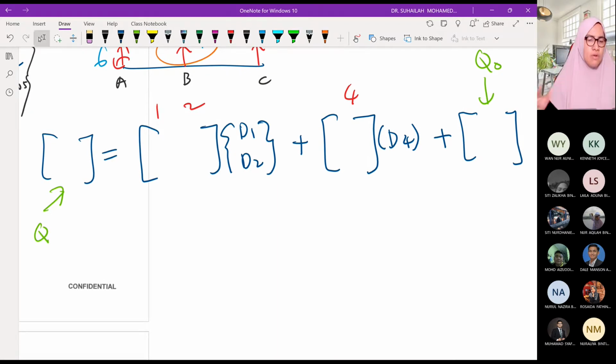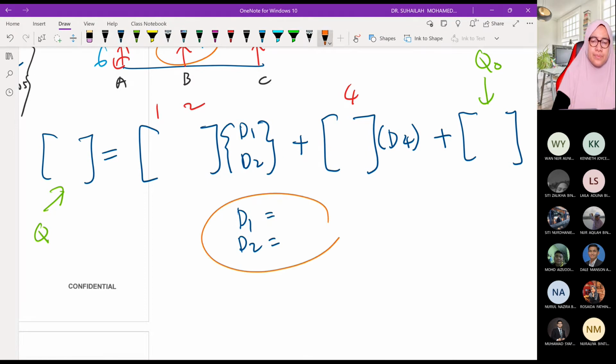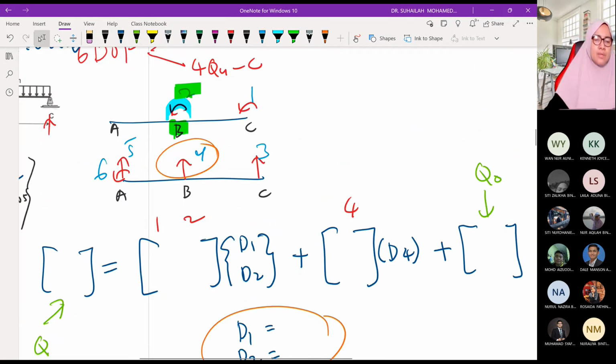We solve this and we get displacement D1, displacement D2. Okay, so this is an example question.